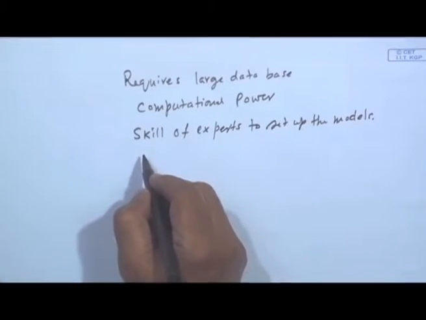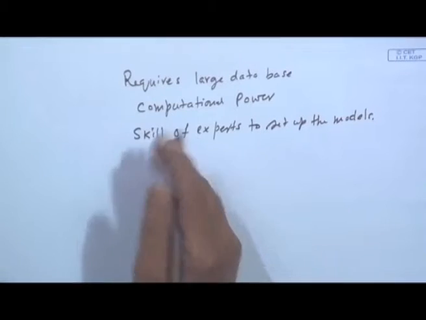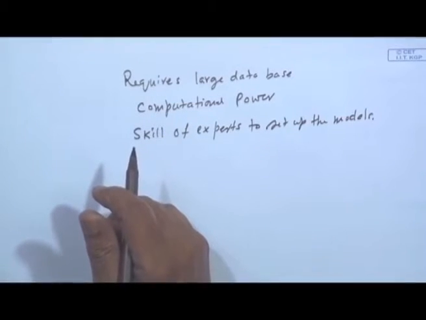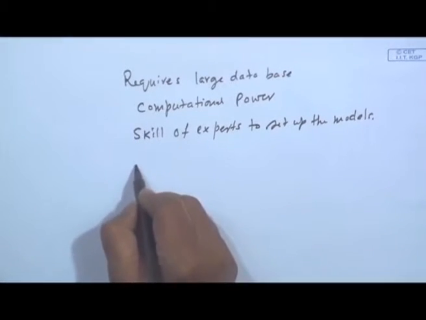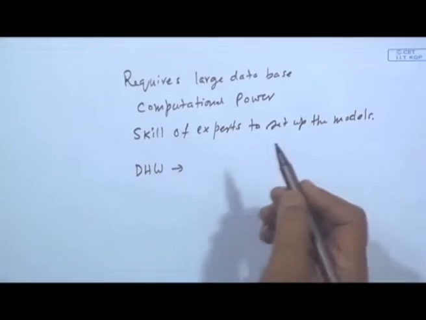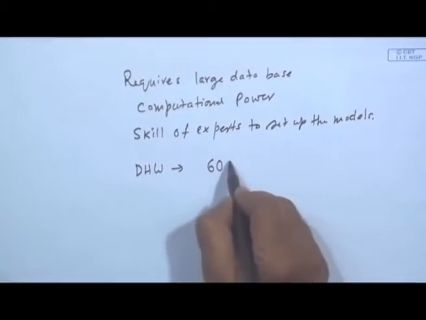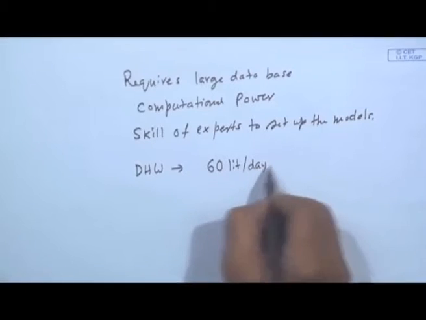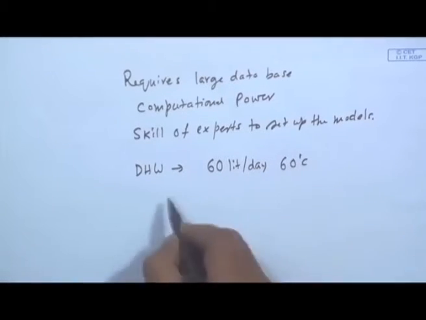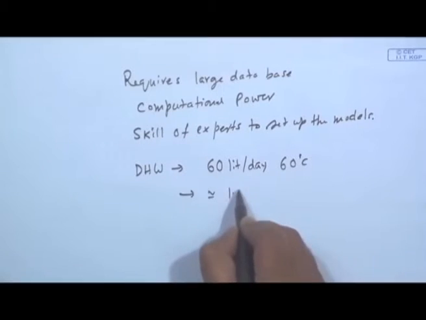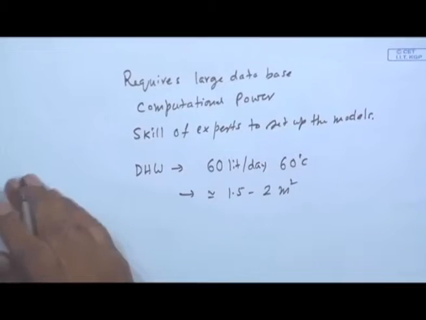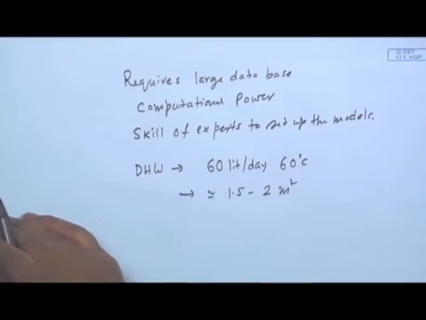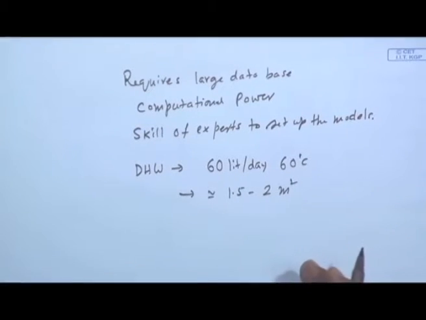And while this is certainly justified and practically meaningful compared to system scale experiments for large systems, if you have a domestic hot water system, DHW, maybe in the Indian context supplying about 60 liters per day at, let us say, 60 degrees C, this may require approximately 1.5 to 2 meter square of collector area with a standard storage tank of 70 or 75 liters capacity, and this may cost about 20,000 rupees.